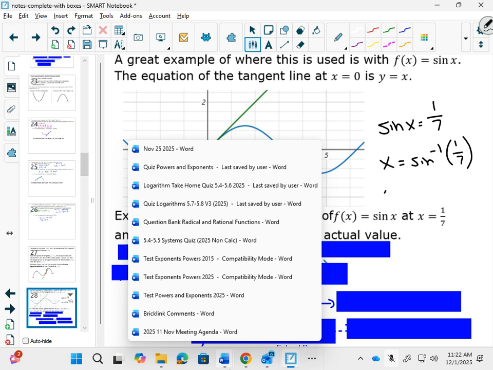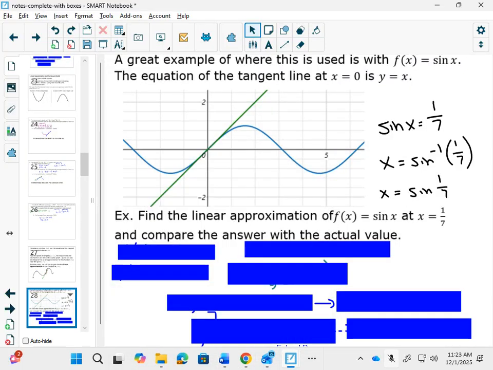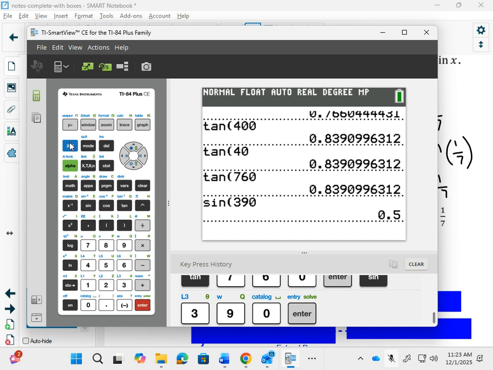But some student makes a mistake and doesn't hit the right button and just does this. So obviously the person that did the wrong method should get it wrong, and you said round to the nearest hundredth. Well, I go to my calculator right now, and the right answer is right here, sine inverse of 1/7.